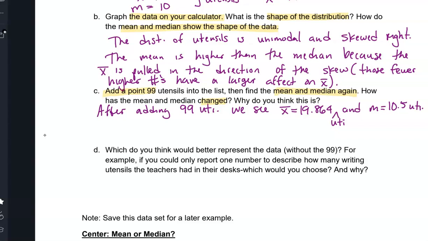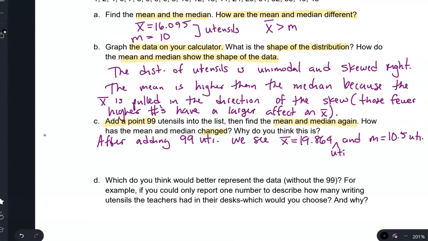Okay, so notice that if I'm looking at the difference between the original mean and median and what they are now, the mean increased by about 3 units, almost 4, and the median increased by only about half a unit.